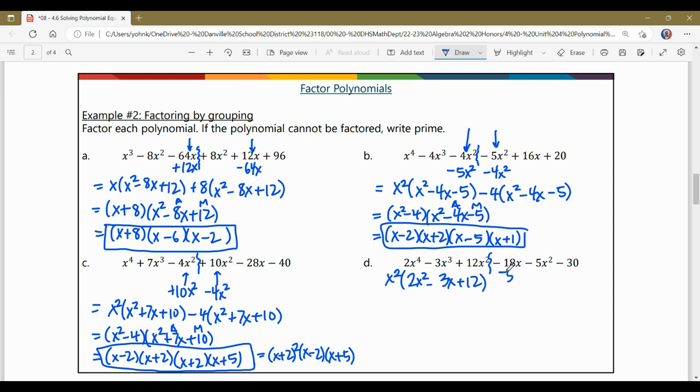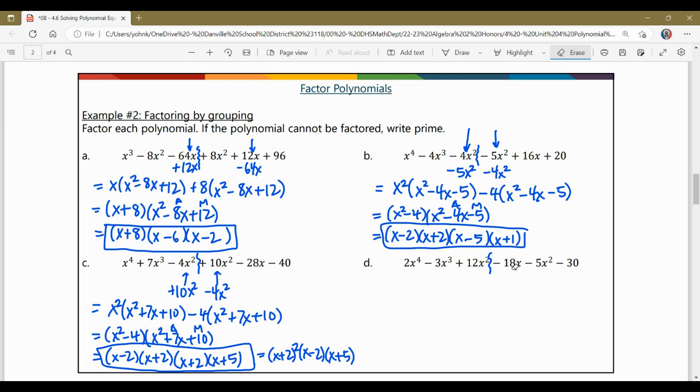So I should have all the terms be going down in exponents and powers. So if I rearrange it a little bit and I take a look, it looks like all I can do is take out a negative. That's going to leave me with 5x squared plus 18x, and right away I can see it's not going to work. So let's erase and try again.